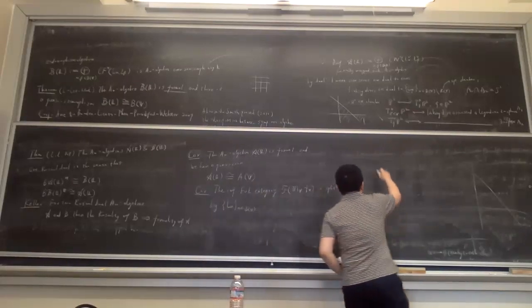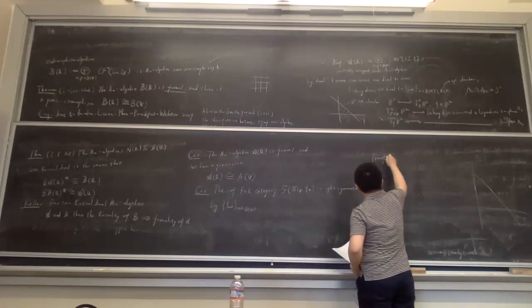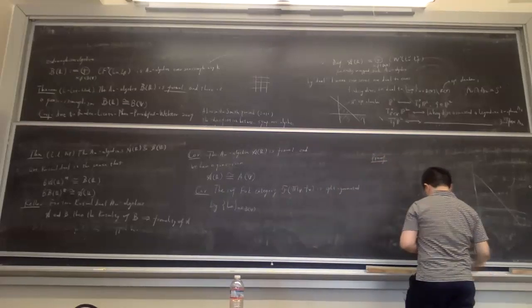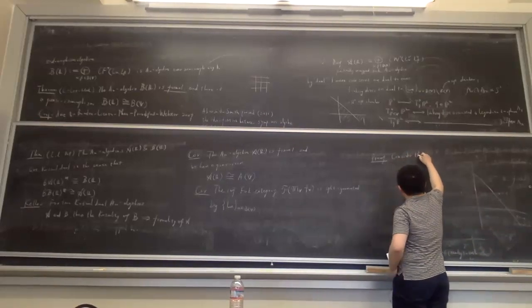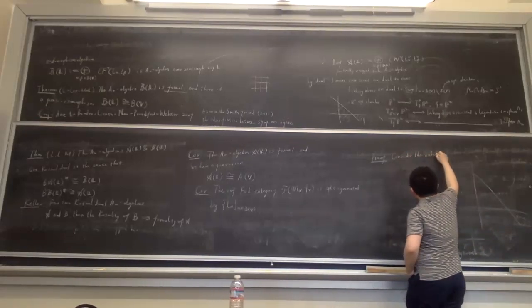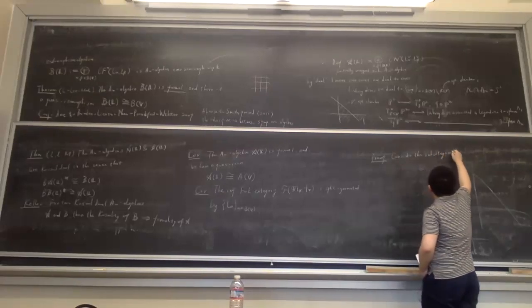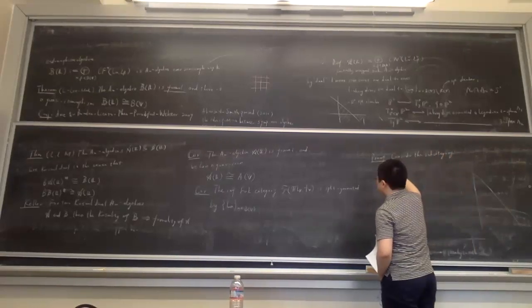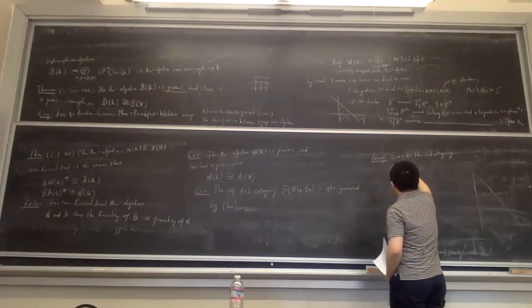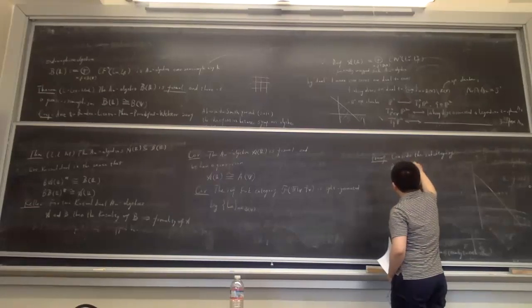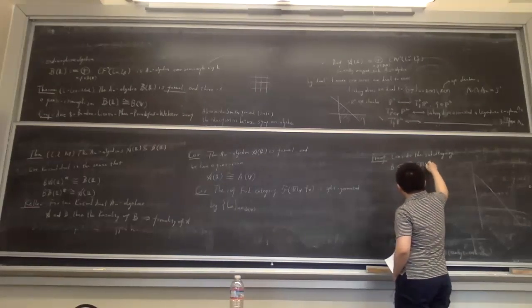Proof. Consider the subcategory, let's say V, or maybe B, because it's bounded, corresponding to bounded chambers inside this infinitesimal Fukaya category.